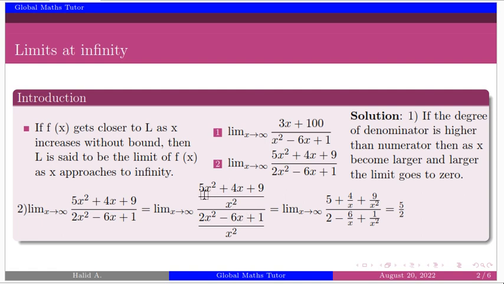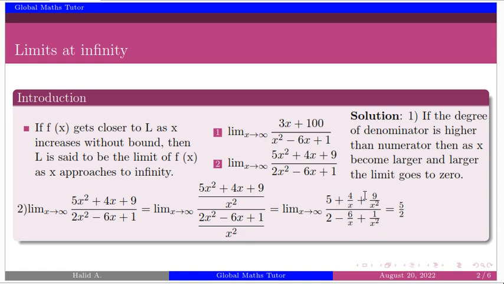When we divide, it gives 5 plus 4 over x plus 9 over x squared, and in the denominator 2 minus 6 over x plus 1 over x squared.